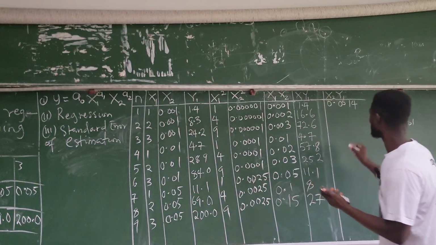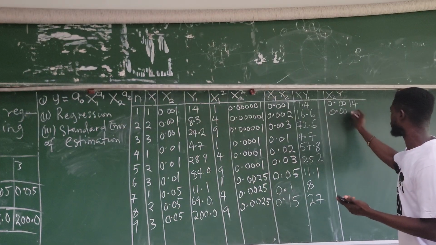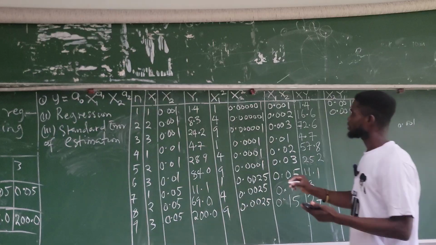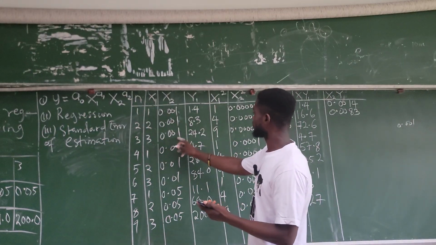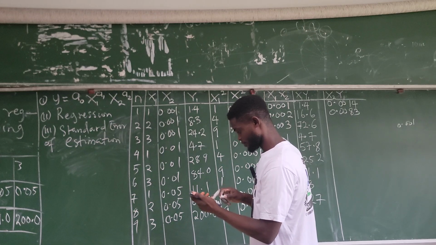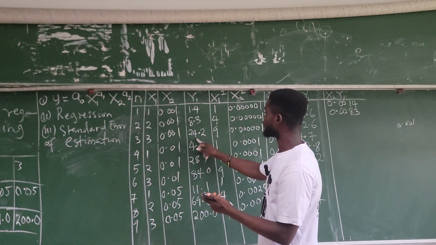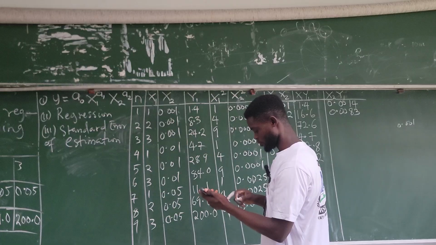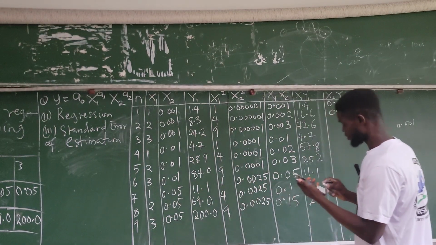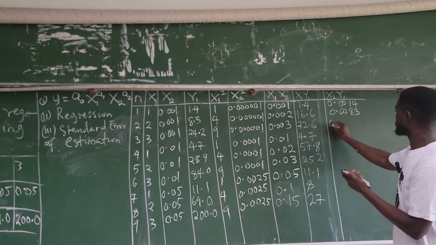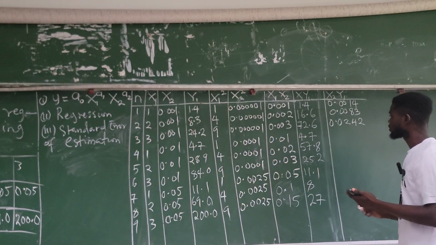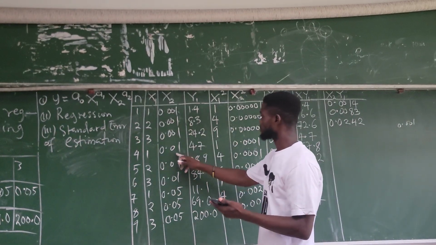That will give us 0.0083. So we have 0.001 times 24.2. That will give us 0.0242.